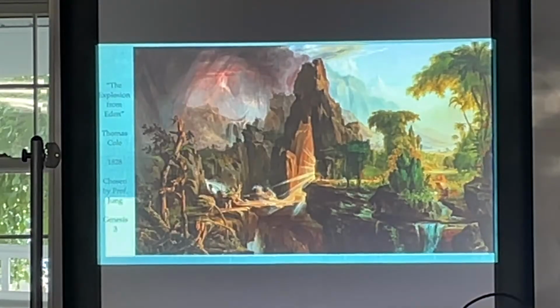So on the one side, Eden is very lush and healthy looking, and on the other side it looks destitute. Absolutely, yes. I like the beams coming through the rock, meaning that it's God. It's His light, but it can also represent the angel that was meant to guard the Garden of Eden, right?